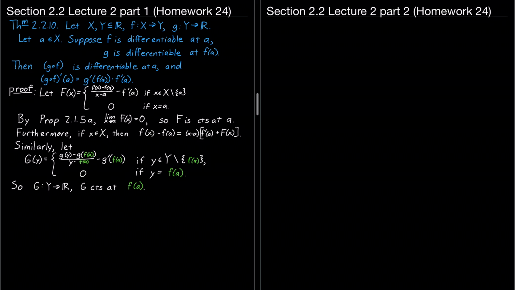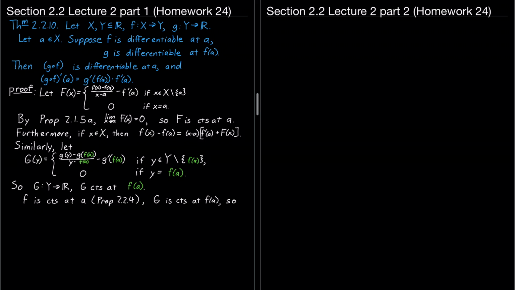Now here's what we're going to observe. Little f is continuous at a. That's true by proposition 2.2.4, that differentiable functions are continuous. Big G is continuous at f of a.